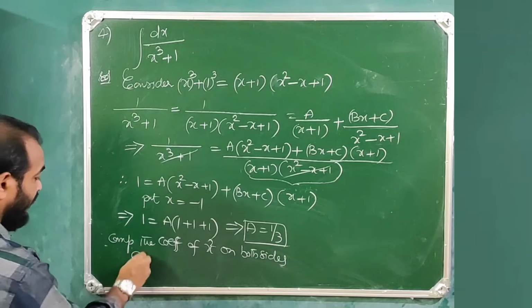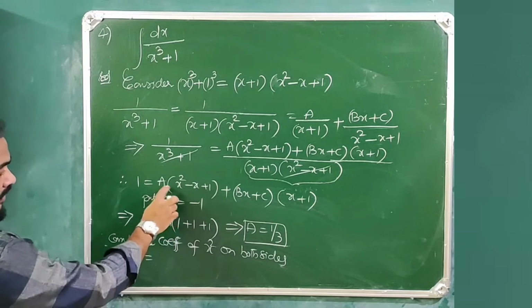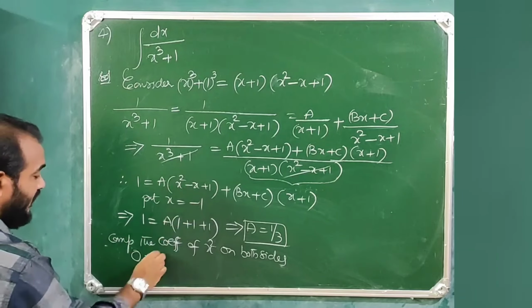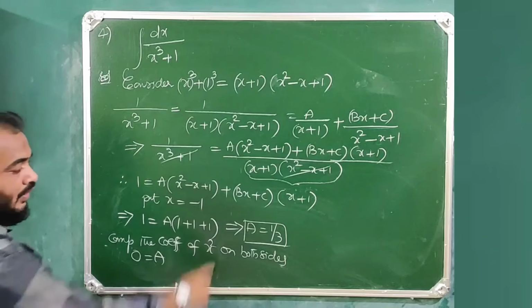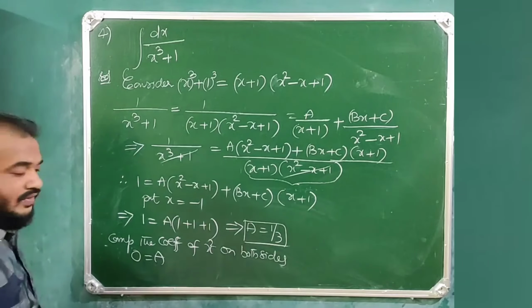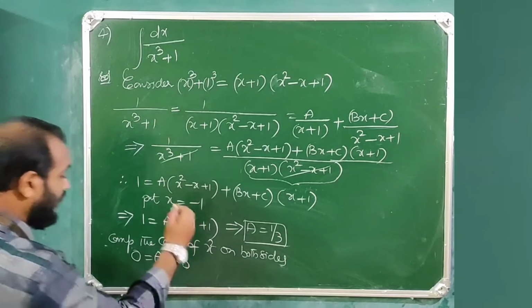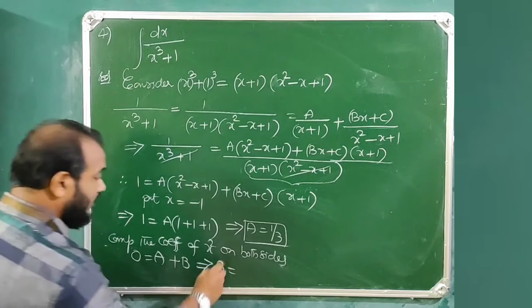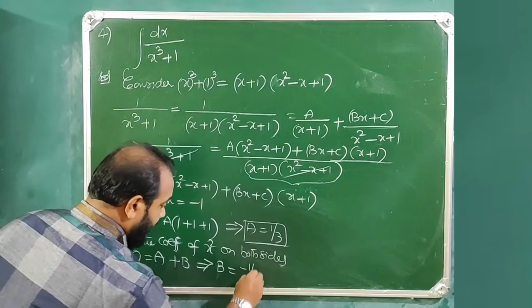So 0 is equal to ax square minus ax plus a; the x square coefficient is a. Here bx into x is bx square, so the x square coefficient is b. So a plus b equals 0. From this, b is equal to minus a, so minus 1 by 3.